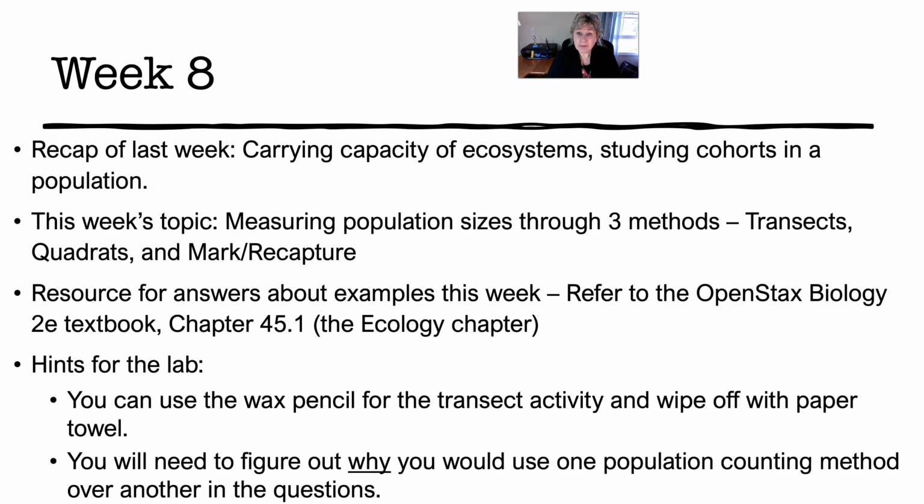Well, as a recap from last week, you learned about the carrying capacity of ecosystems, and that's how many individuals an ecosystem can support without running out of resources, without building up too much waste, etc., to maintain the health of the ecosystem. This is terribly important.